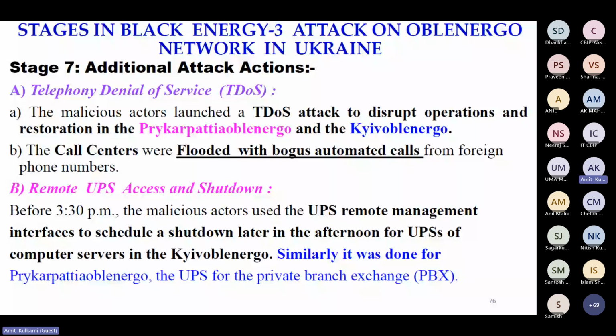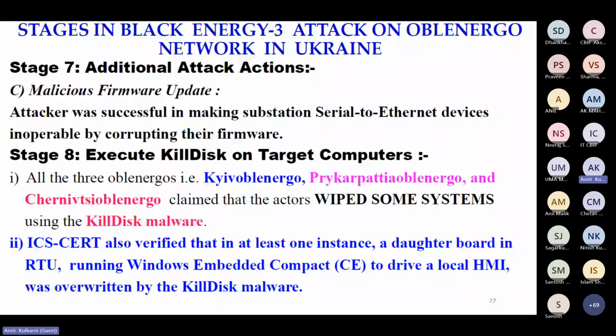Then UPS remote access and shutdown was carried out with the firmware attack at Kyiv Oblenergo and Prykarpattia Oblenergo. The moment the UPS support was gone, most of the system went dark.